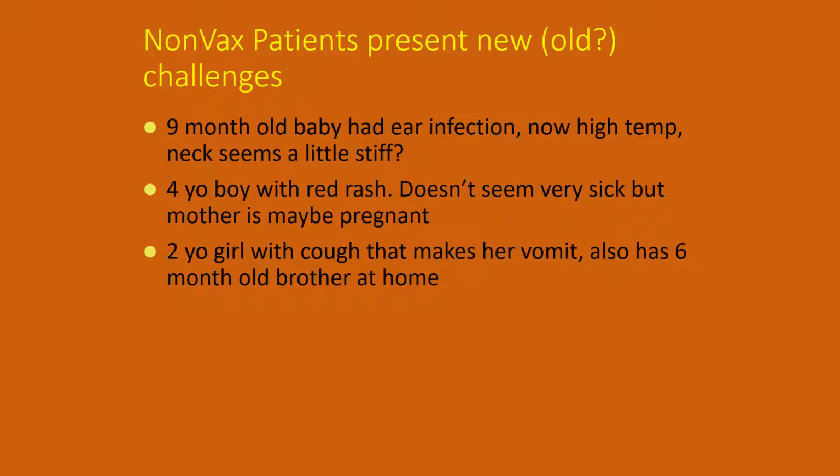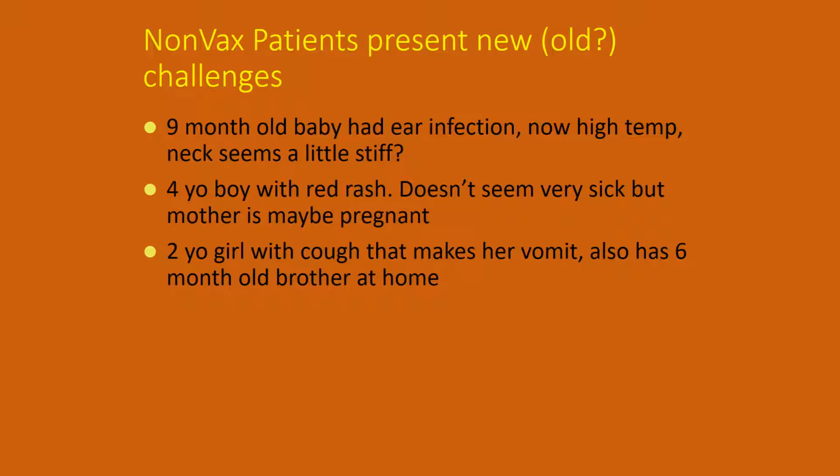2-year-old girl with a cough that makes her vomit. Again, this would be the classic sign of pertussis, that post-tussive vomiting. The big concern, of course, is that she has a 6-month brother at home, and the hospitalization rate in children under 1 is at least 2 or 3%, and the mortality rate is substantially higher than it is with older children and adults.